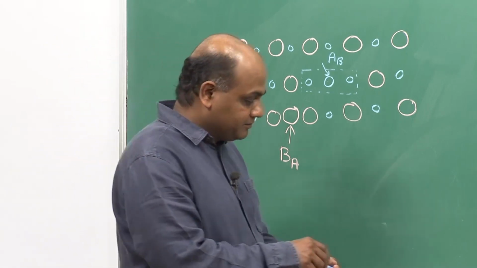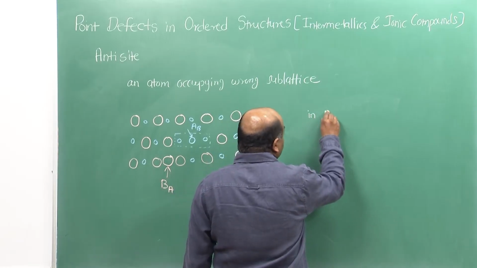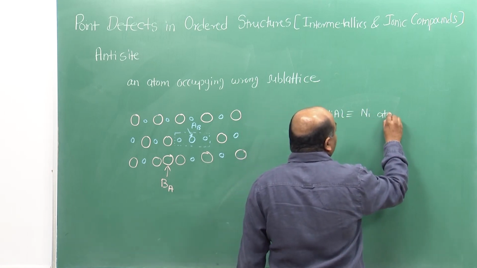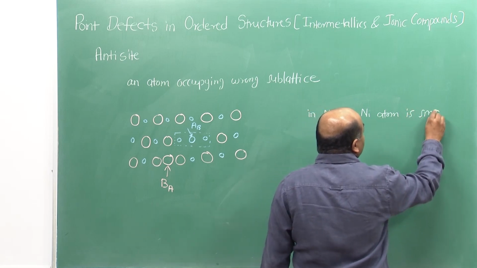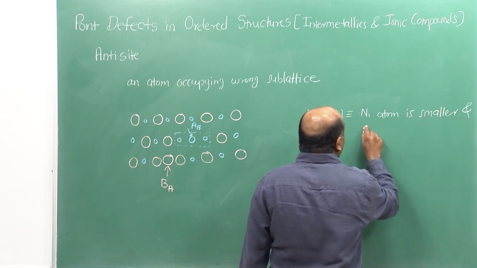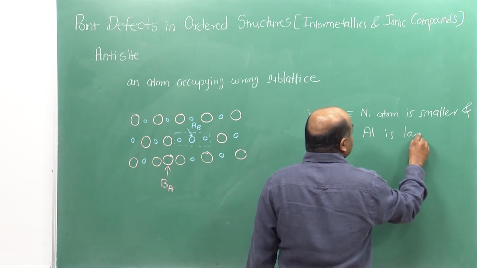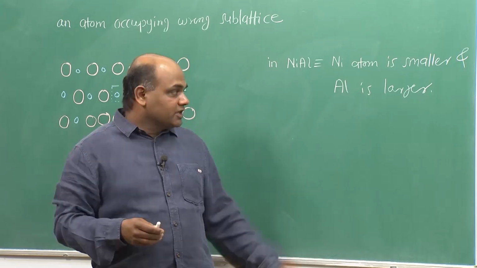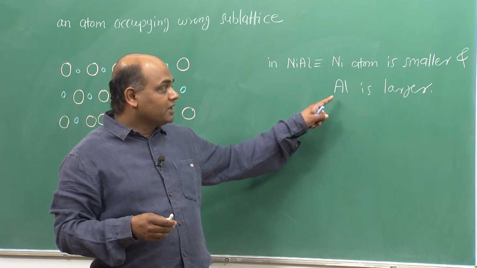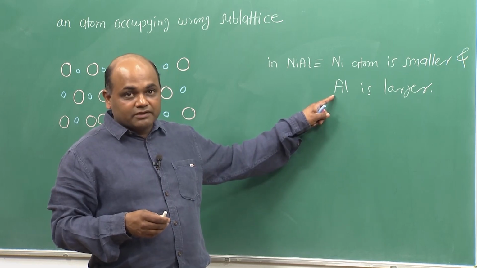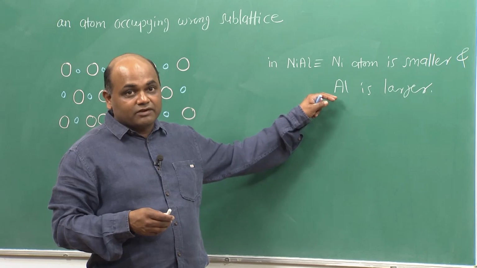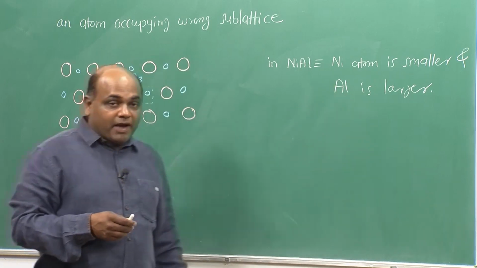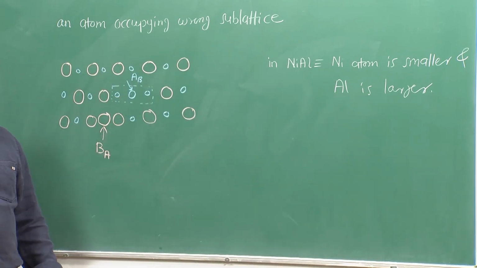For example, in NiAl, nickel atom is smaller and aluminum is larger. So, if we have nickel rich NiAl, that is if nickel aluminide is off stoichiometry and has larger amount of nickel than 50 mole %, then it will be accommodated by formation of nickel antisites.